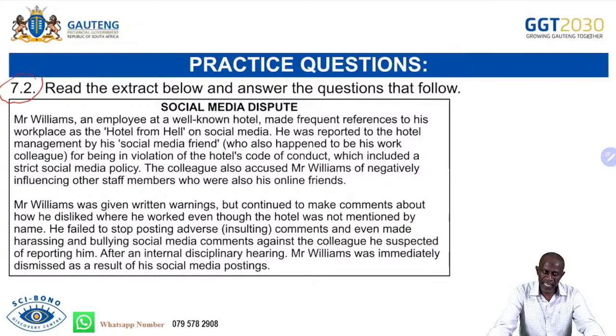After an internal disciplinary hearing, Mr. Williams was immediately dismissed as a result of his social media posting. I hope you'll bear the extract in mind, because after this, we are going to look into typical questions that are asked based on the extract that I've just read out.